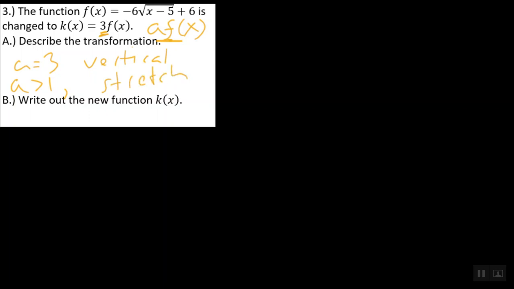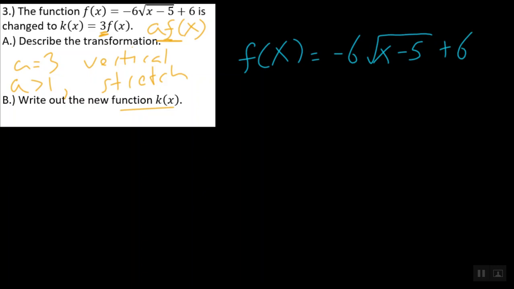Okay, now part B says write out the new function k of x. So once again, let's write f of x in blue. Let's write our rule in red. In this case, it's not g of x, it is k of x is equal to 3 f of x.